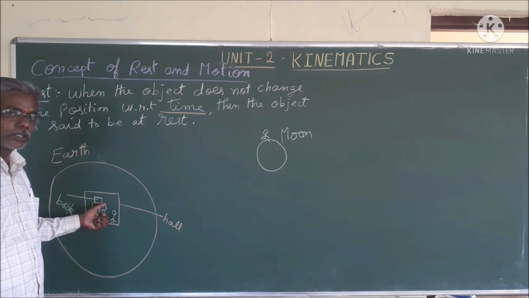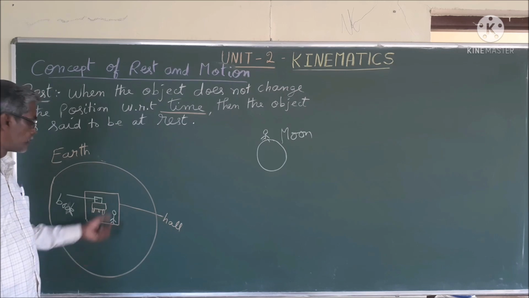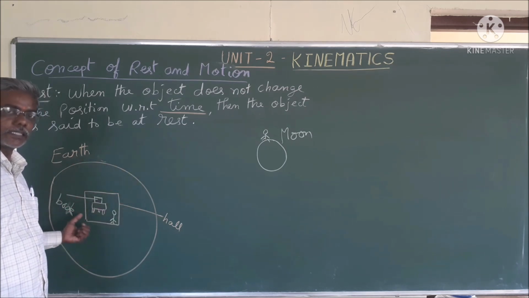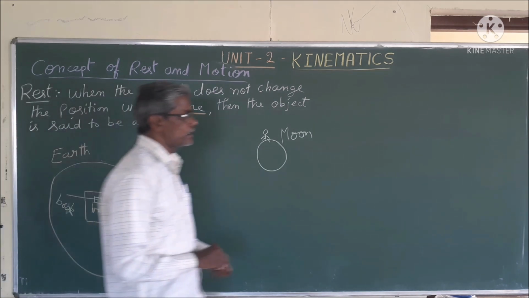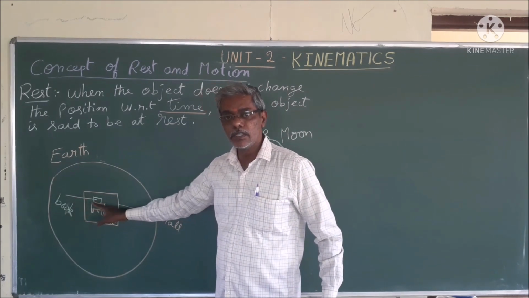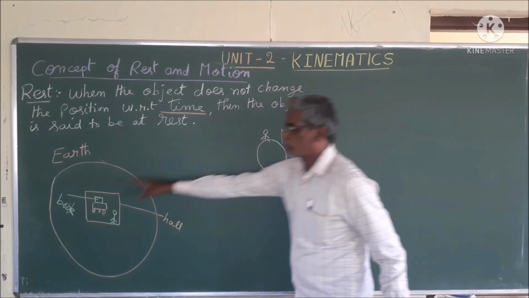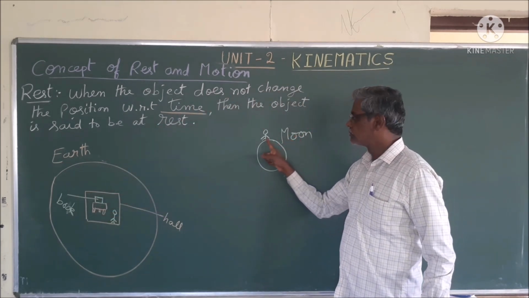Why? We all know that the earth rotates. As the earth rotates, the book also rotates, that is, it will be in motion. So from this, you can say that the book is at rest with respect to earth, and the book is in motion with respect to moon.